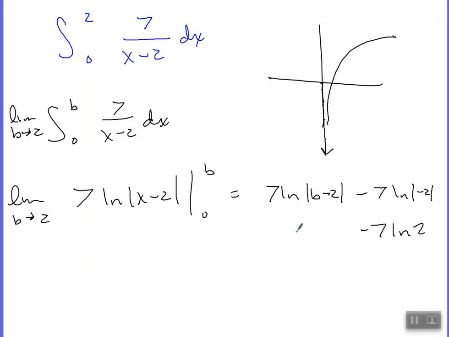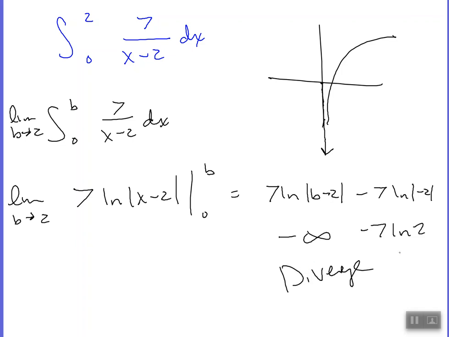It's going to negative infinity. So that right there is going to be a diverge. If you were unsure about the second part of the problem, it honestly doesn't even really matter, because if any part of the integral is going to diverge, then that's going to cause the whole thing to diverge.